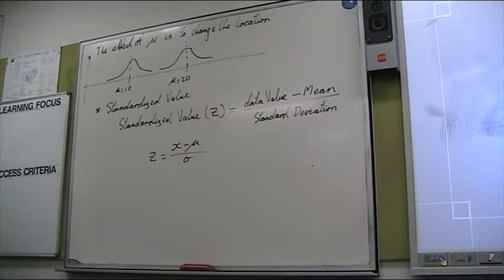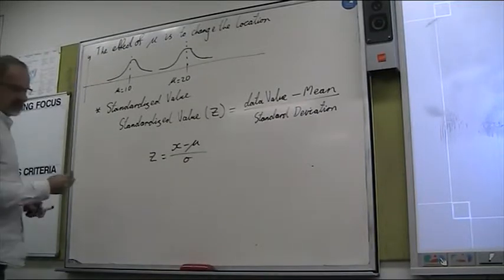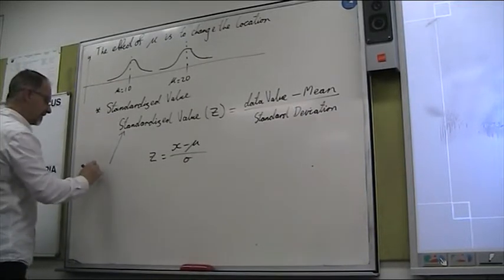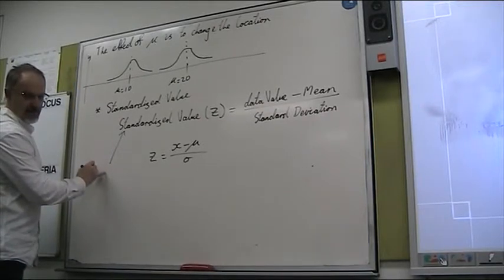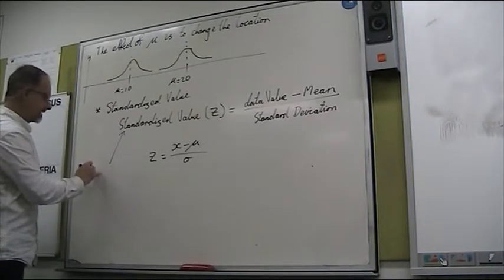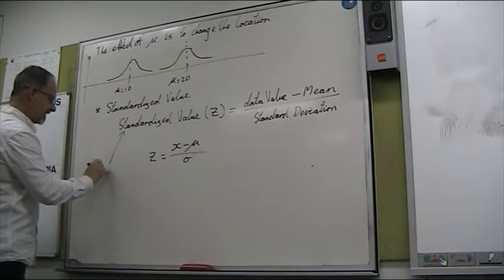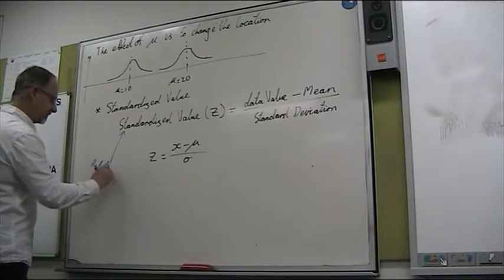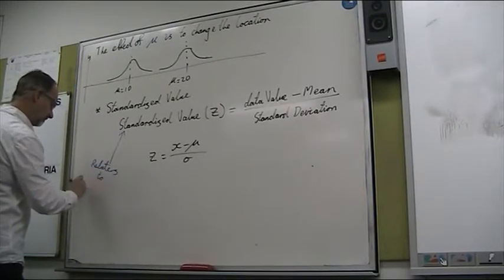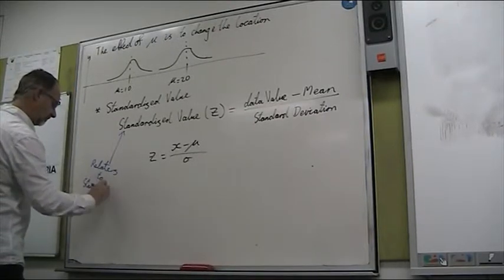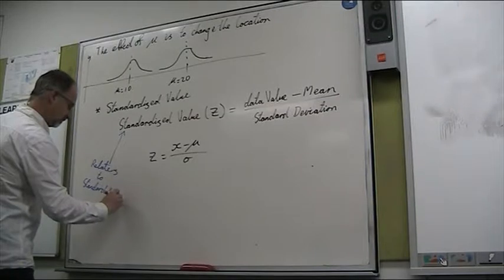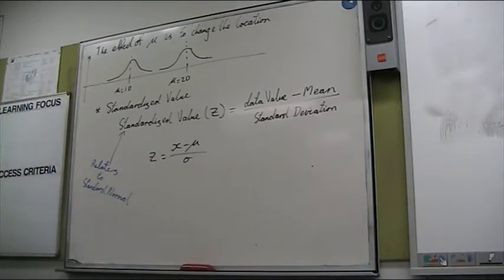All right, the thing we've got to know about is this thing called the standardised value. Standardised value is Z, and it's called the standardised value because it relates to the standard normal distribution. Is this another topic? No, it's a subheading. It's still 16. It's 16A and 16B, guys.